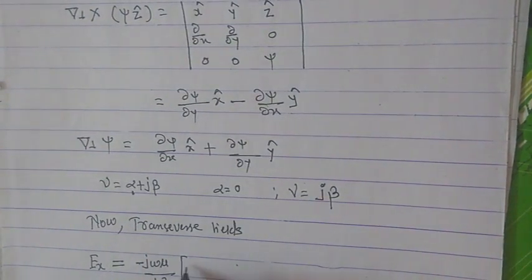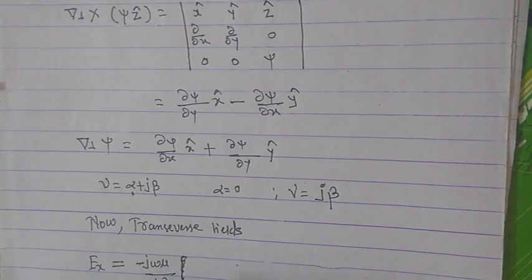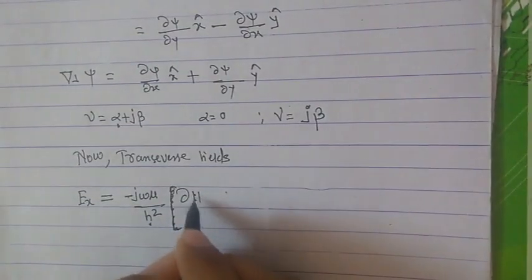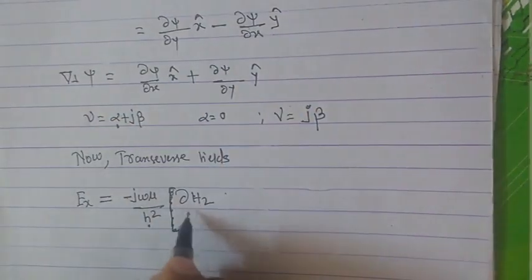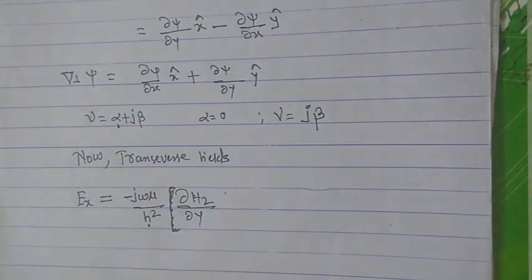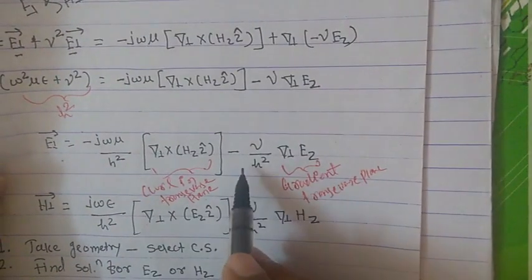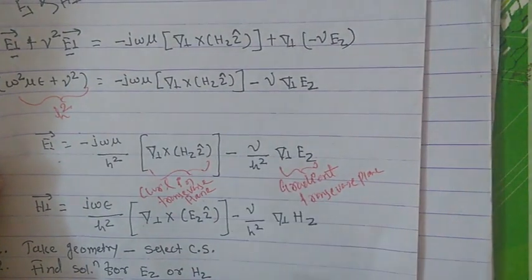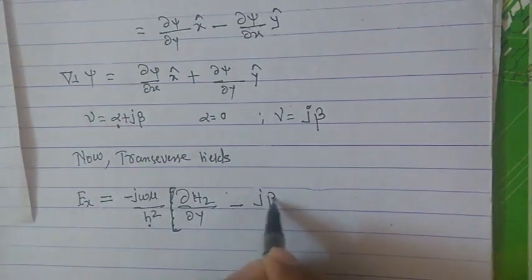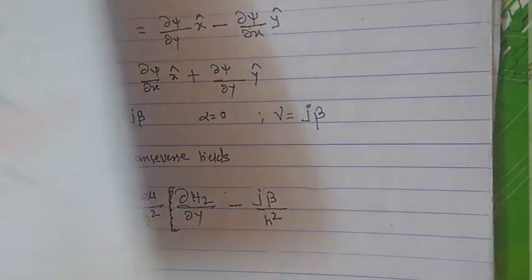So del psi by del y, where psi is Hz, gives del Hz by del y. Okay. Minus, again minus. Gamma we are replacing by j beta, so minus j beta over h square.